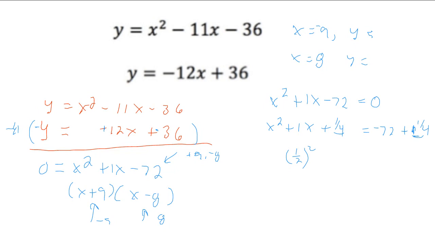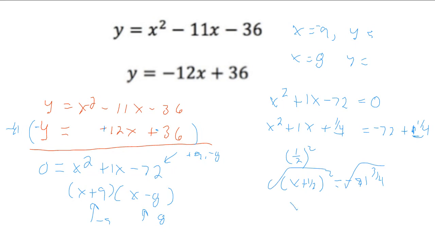That's why completing the square sometimes is not the best way of doing it. It does work. So now if I factor this, I get x plus 1/2 squared is equal to, what is that, negative 71 3/4. Okay, so now you're dealing with fractions. Oh boy, I don't want to deal with taking the square root of this thing here.